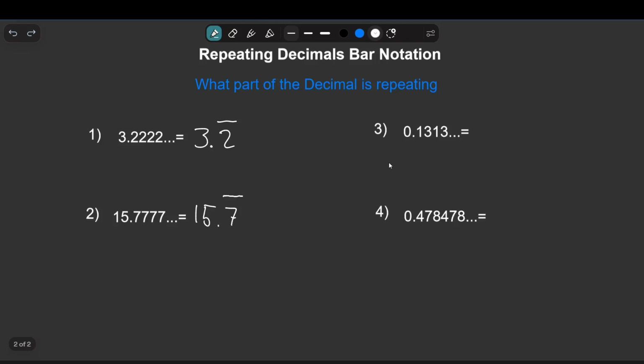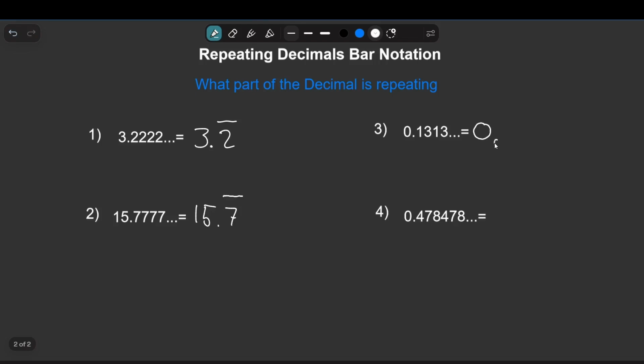Now it's getting a bit more interesting because as you can see, we have different numbers after the decimal, but they do keep repeating. So the first step we always take is look if we have any whole numbers. For this one, we don't have whole numbers, so we're just going to write down a 0.